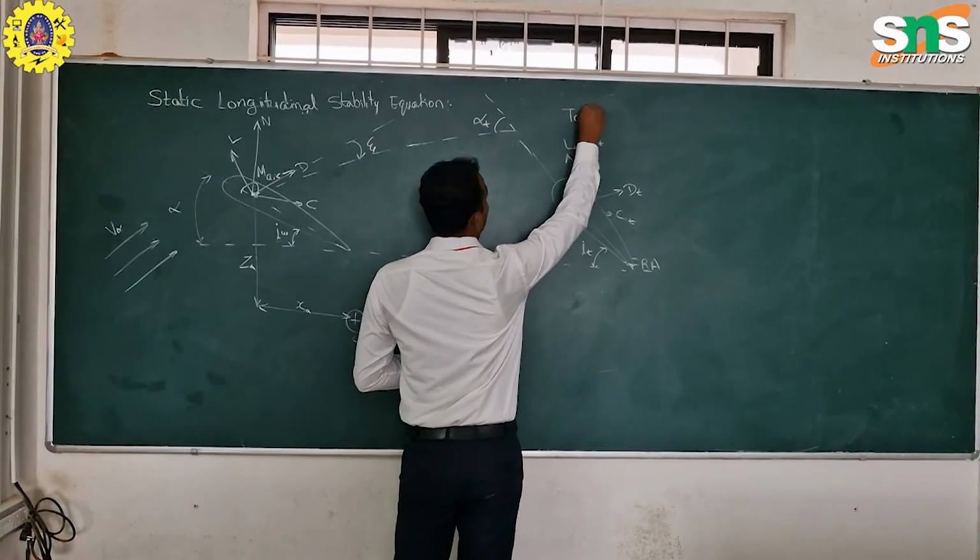So we are going to take moments about the CG with respect to the normal force and the chordwise force, which include lift and drag for both wing and tail. Taking moments for the equilibrium condition about the CG, force into perpendicular distance: the normal force into H_ca, plus the moment about the aerodynamic center M_ac of the wing.